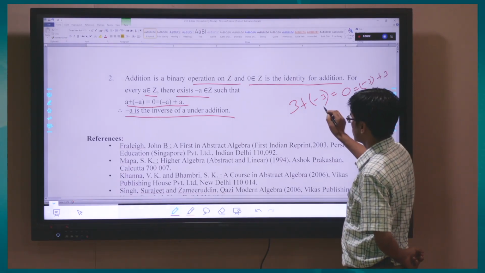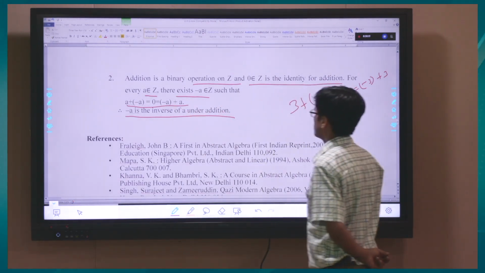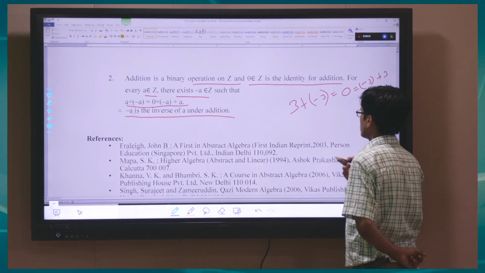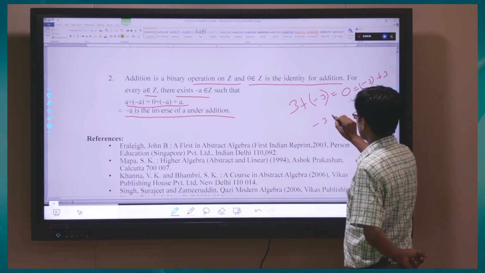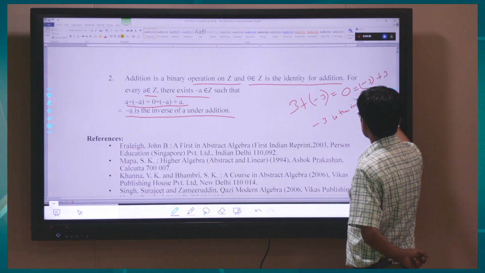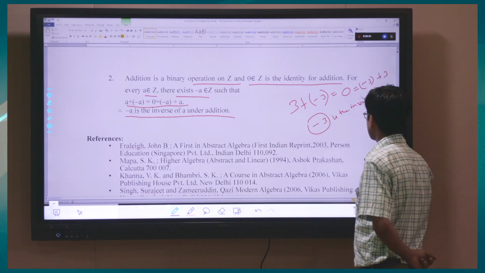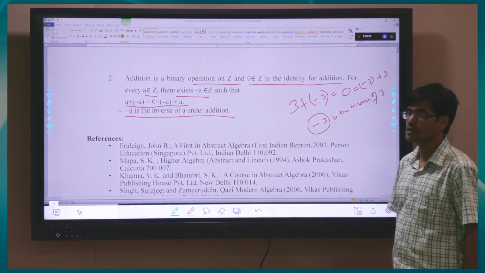So this condition is satisfied for the binary operation addition on Z. Therefore minus 3 is the inverse of 3. This minus 3 is also called the additive inverse, because the operation is addition.